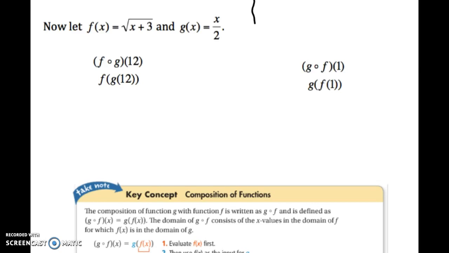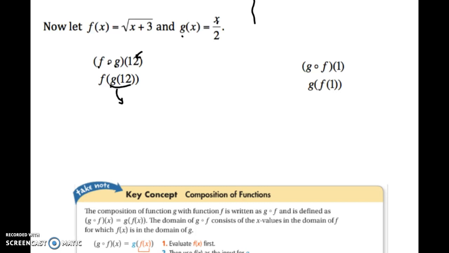Now let's let f of x be the square root of x plus 3, and g of x equal x over 2. So they give us the long notation, f of g of 12 means we're going to be plugging 12 in. First we plug 12 in to the g, start with the middle.